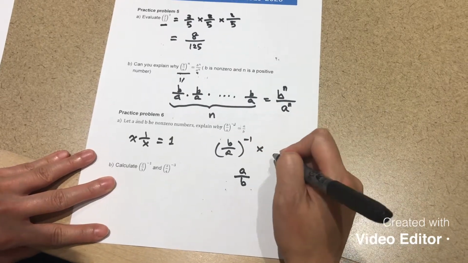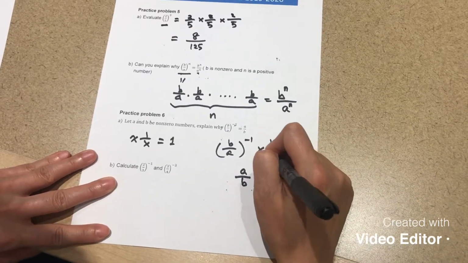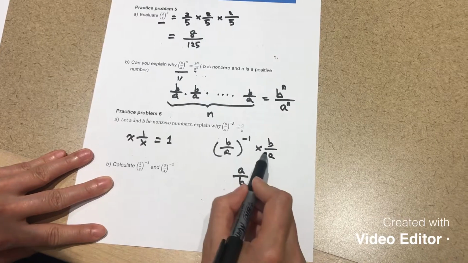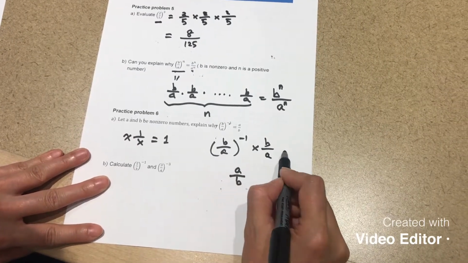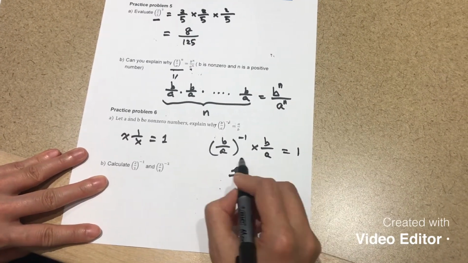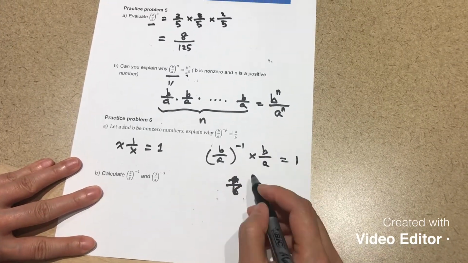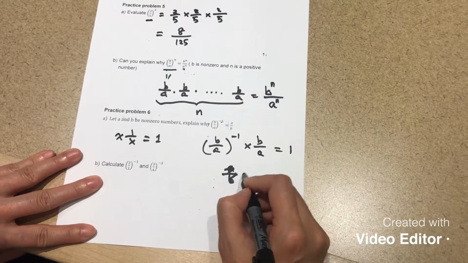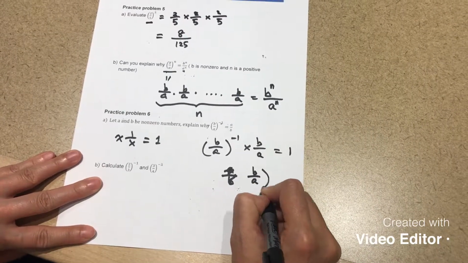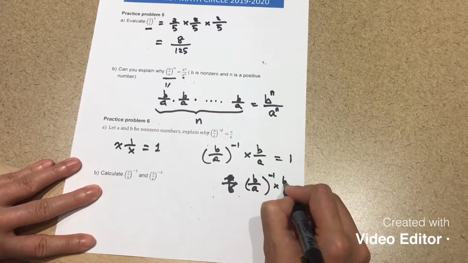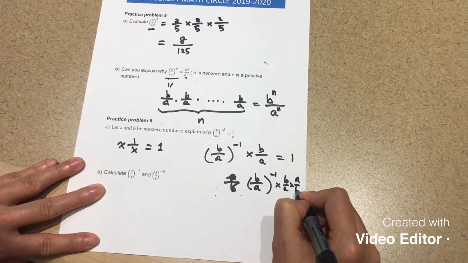This number multiplied by this is the definition of the inverse. So for this equation, if we want to get rid of this on the right-hand side, we multiply b over a to the minus 1 by b over a, and by a over b.